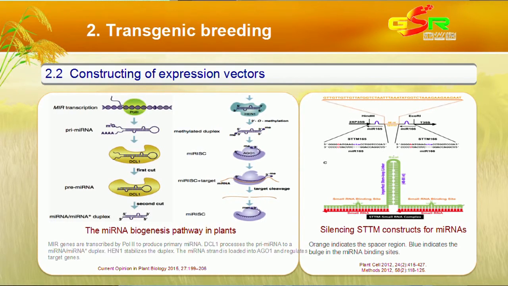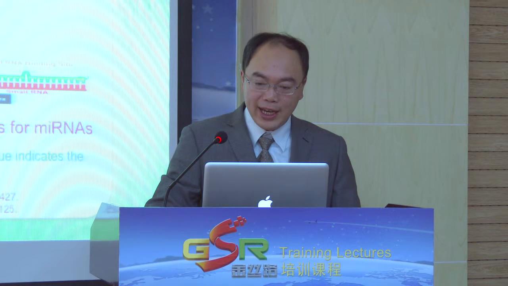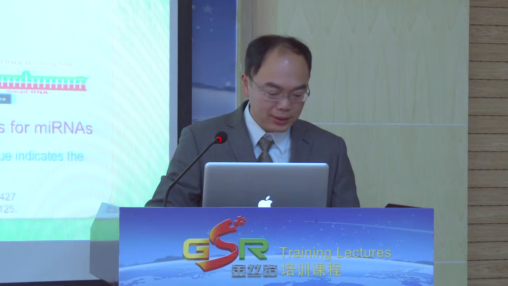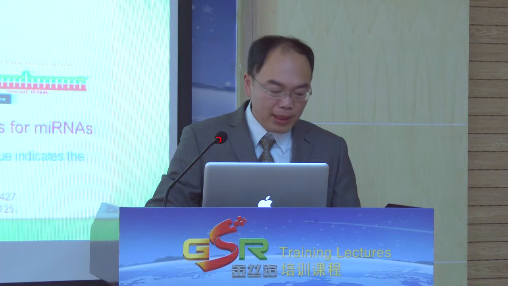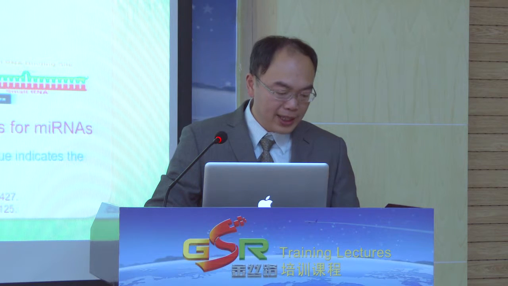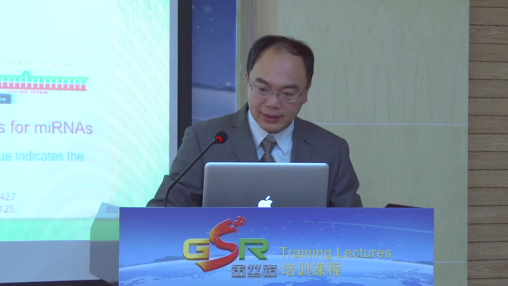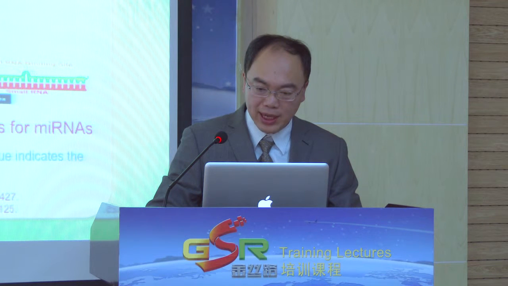It's named STTM, short tandem target mimic construct. These STTM constructs include two short sequences mimicking small RNA target sites and separated by a linker. It's about 48 nucleotides long.